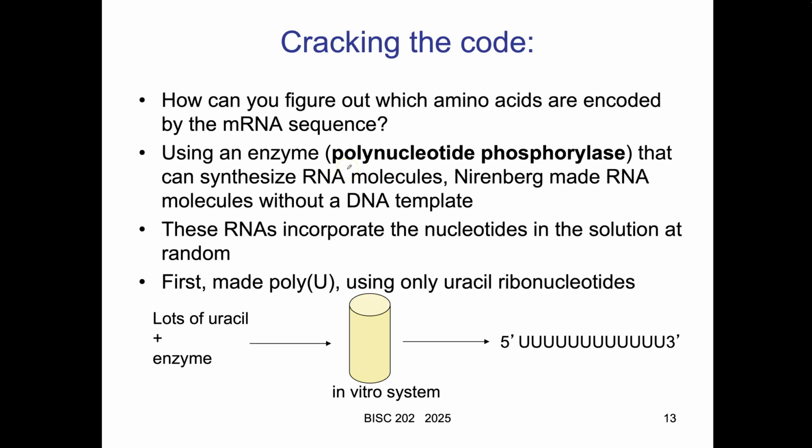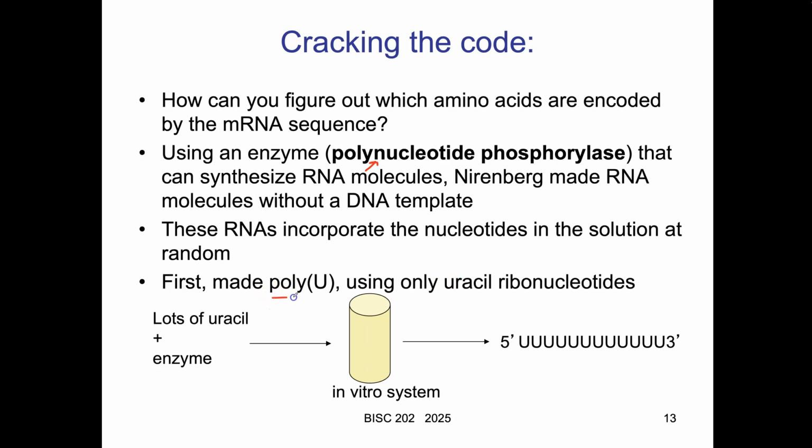They used an enzyme called polynucleotide phosphorylase. What they did was they took ribonucleotides and put them in a test tube with the correct buffers and salts and this enzyme. This just basically strings together RNA molecules. It adds the nucleotides to each other and catalyzes that reaction without any kind of template.